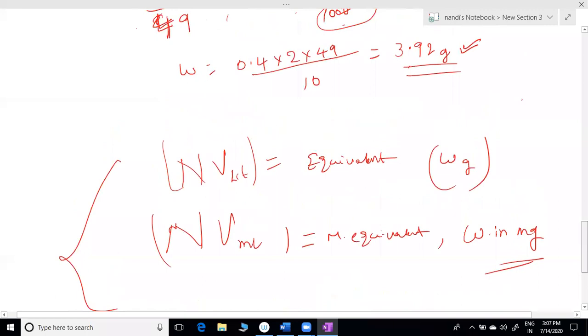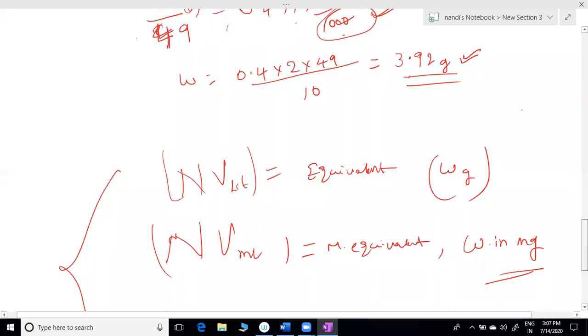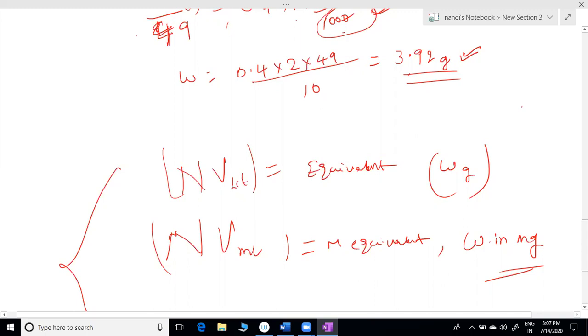So this is the formula. In liters means we get W in grams, ml means milligrams. Check which one you're expecting.